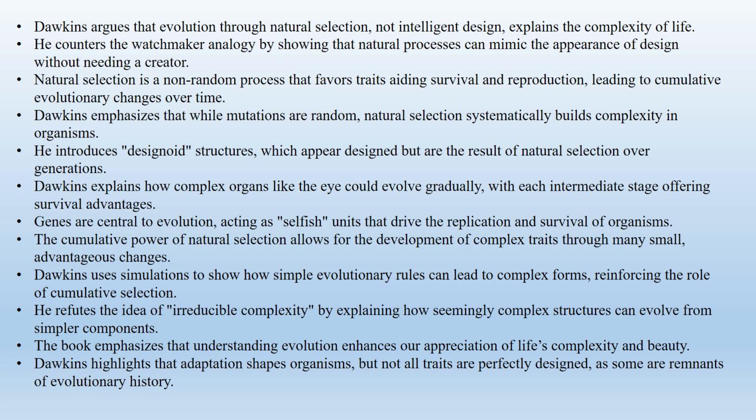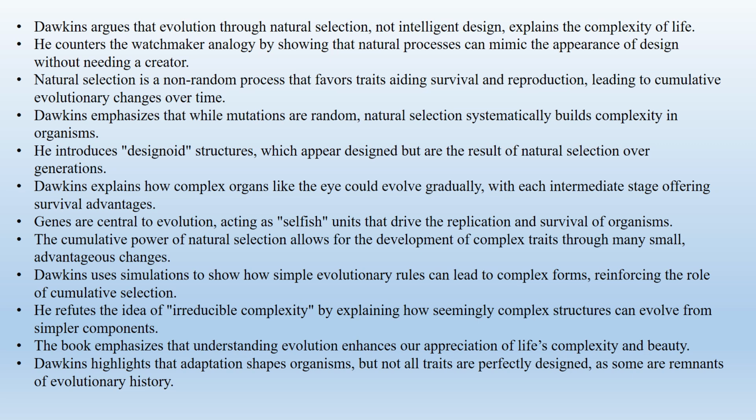Throughout the book, Dawkins uses computer simulations and models to illustrate how simple rules can lead to the emergence of complex patterns. One such example is the biomorph program, which simulates the evolution of simple shapes through random mutations and selection.